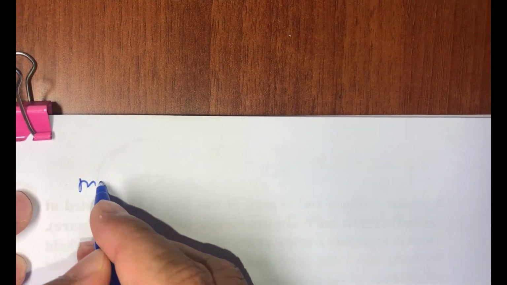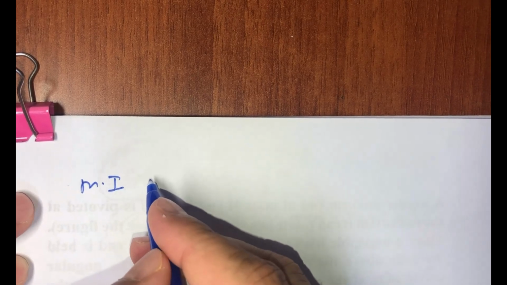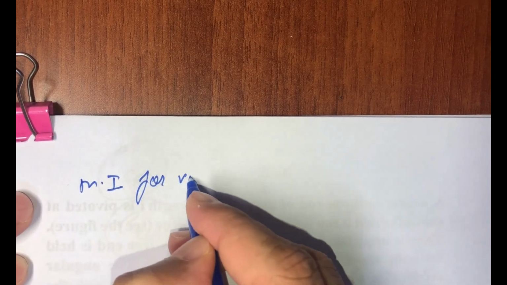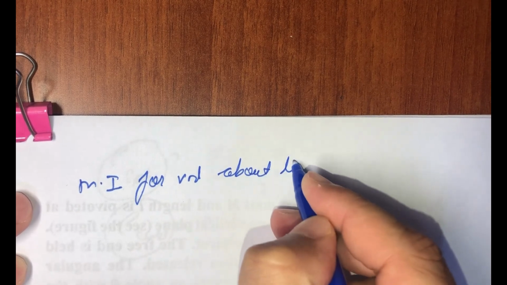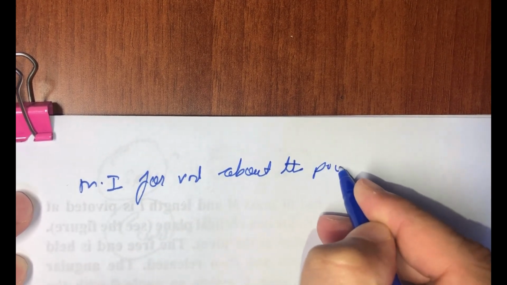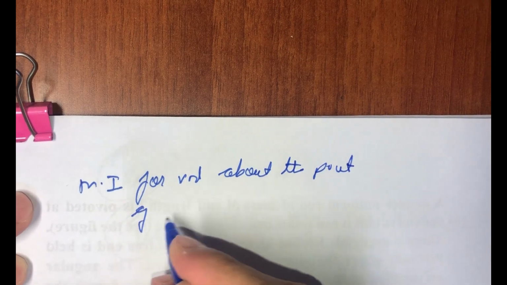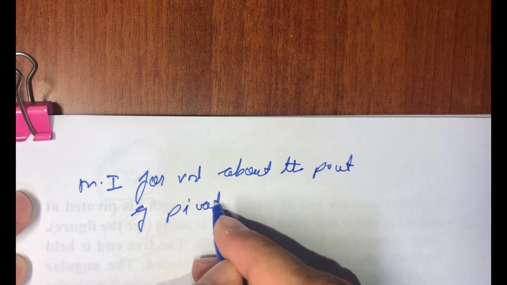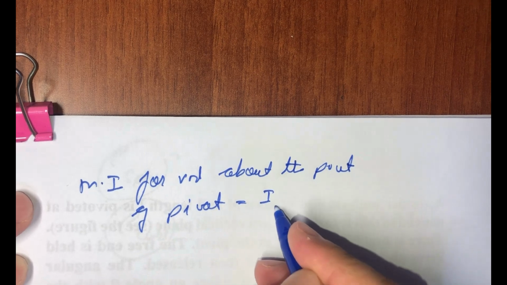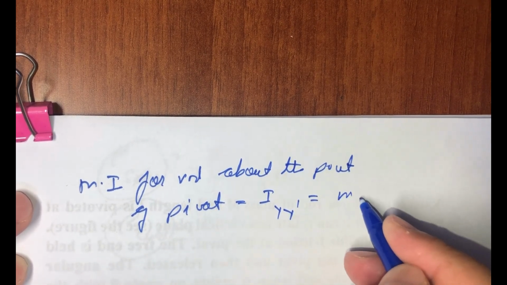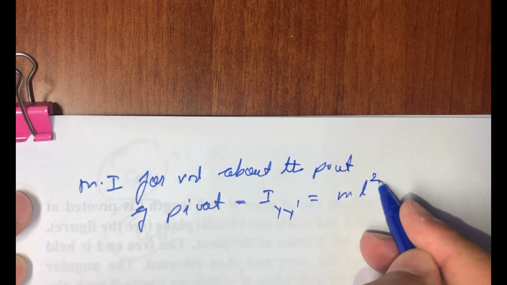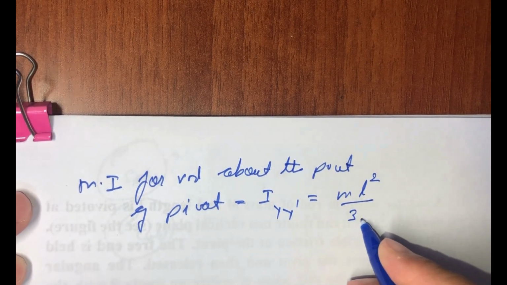Moment of inertia for the rod about the point of pivot, let us suppose that is given as I, will be equal to mass times length squared divided by 3.